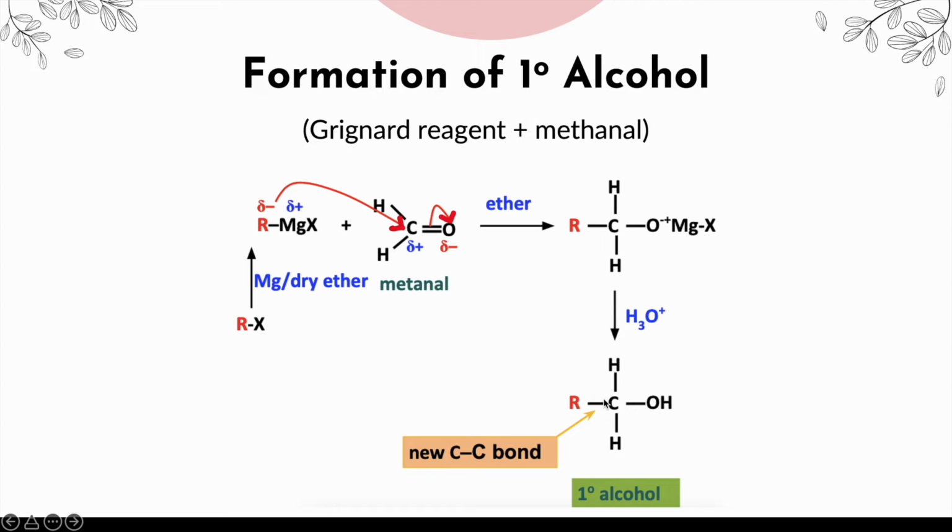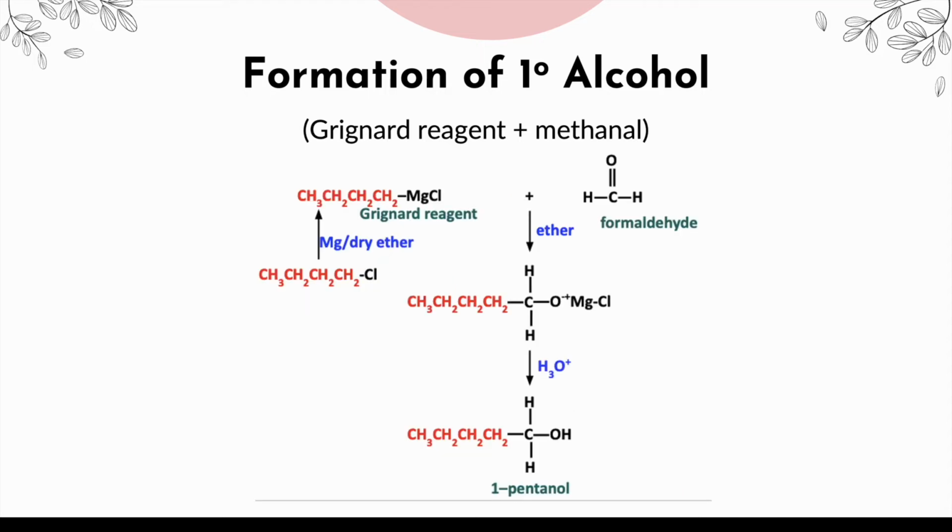So this OH attached to primary carbon, so this is the primary alcohol. Means if you want to form primary alcohol, the Grignard reagent must react with methanal, specific aldehyde methanal. Okay, aldehyde with one carbon only. That's if you want to form the primary alcohol. Okay, this is the example of the R group. For example, we have 4 carbon in total here, alkyl halide.